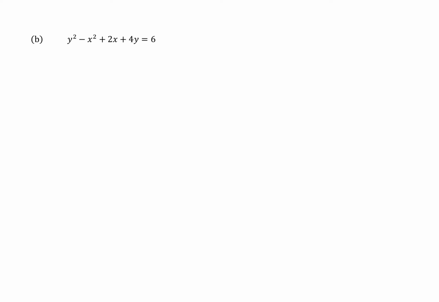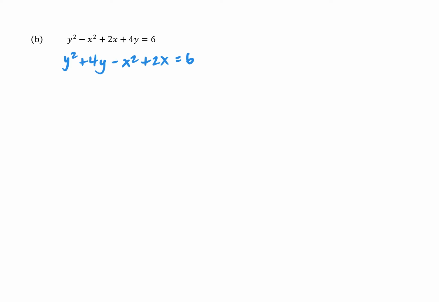First step, I'm going to put all my x's and all my y's together. Well, actually, since I see it's y squared minus x squared, maybe I'll put my y squared plus 4y first, minus x squared plus 2x.